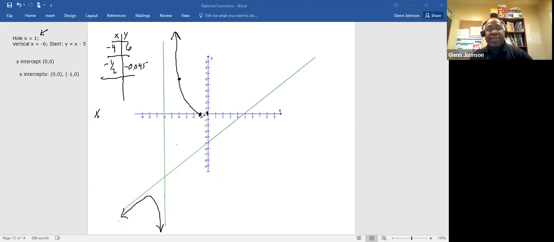So what's going to happen is that we're drawing this. As this goes up, at x equal 1, we're going to have to put an empty spot there to indicate that we had a hole in the graph.